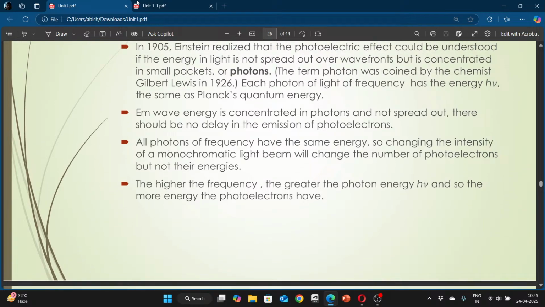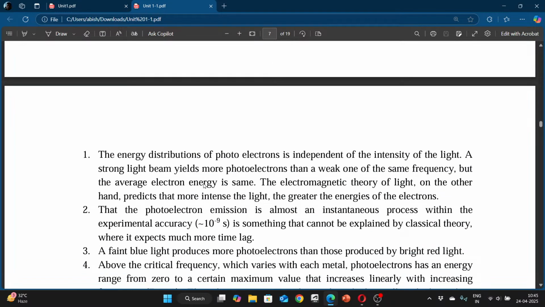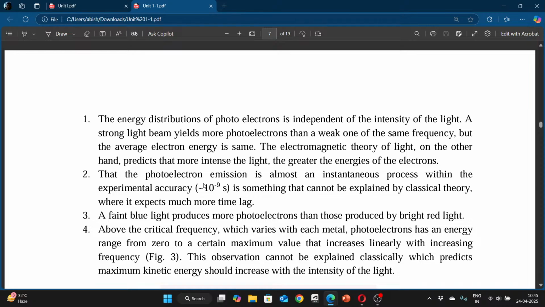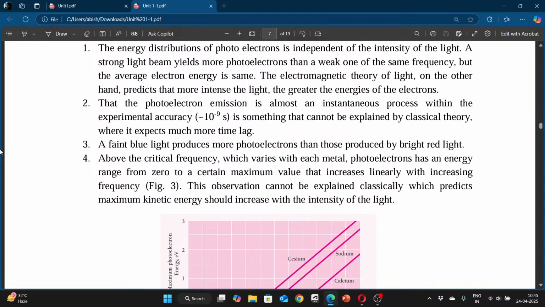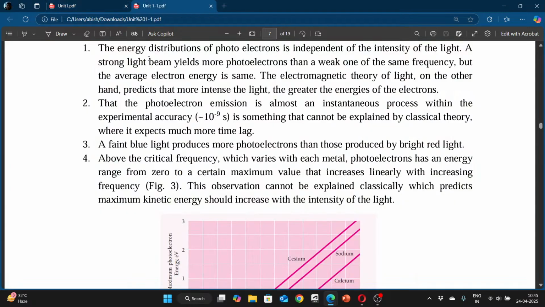So the higher the frequency, so here there's a graph that is maximum. What does it tell?